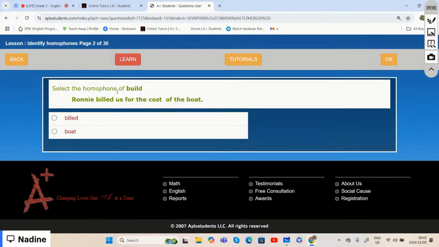It says select the homophone of bold. It says Ronnie Bold asked for the cost of the boat. Bold. Is it option one, bold, or option two, boat?